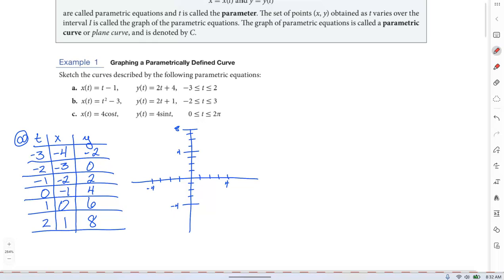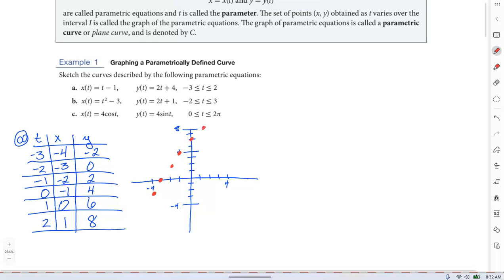So my first ordered pair is -4, -2. And then I have -3, 0, -2, +2, -1, 4, 0, 6, and 1, 8.